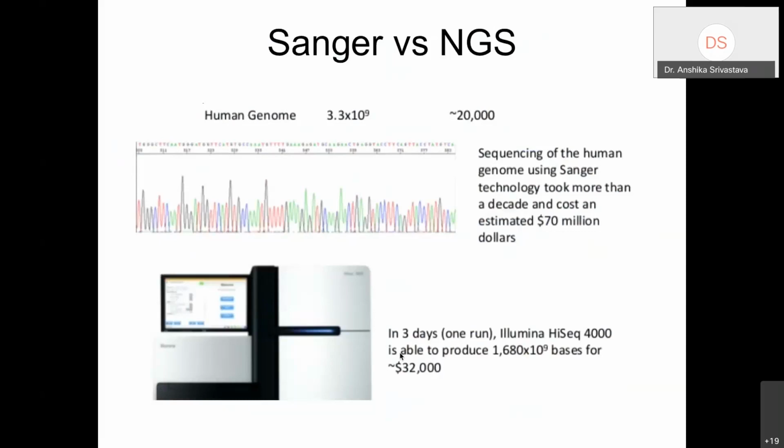And the cost is also much lower. You are now getting whole exome sequencing, I would say, in Indian money, around 28,000 per exome. So now the technology is being spread out, and everyone can use it for genetic diagnosis.